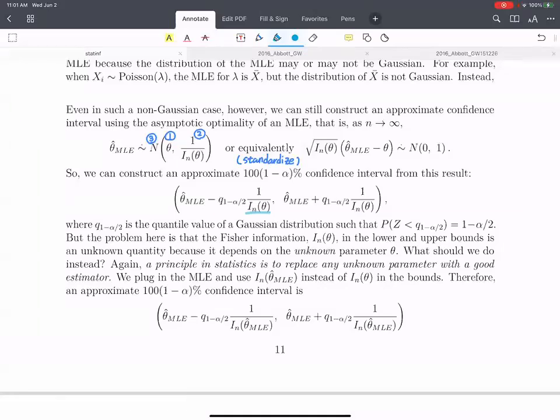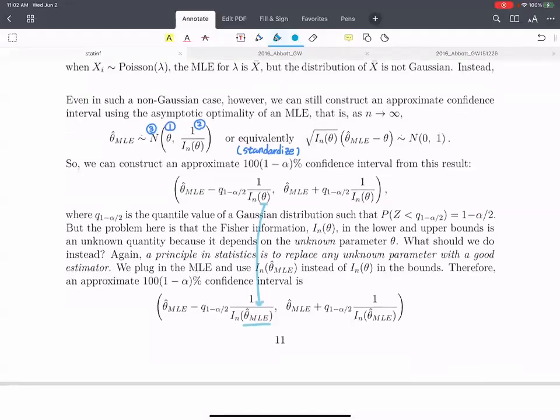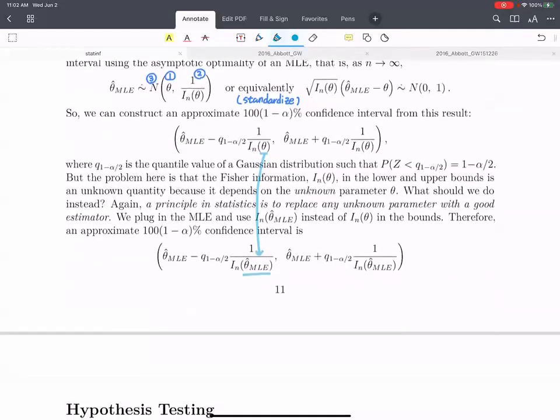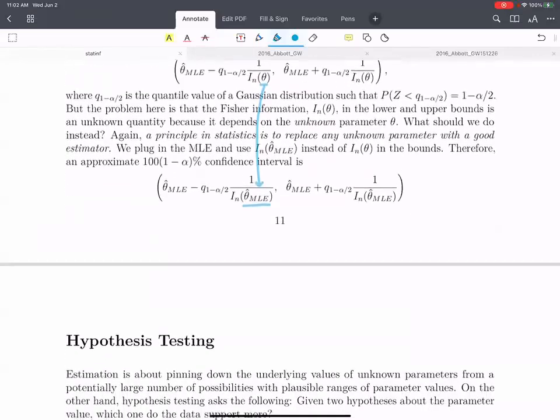So we just replace theta with its MLE. And finally, this is the general formula to get an approximate confidence interval using MLE for any distribution of the data. So MLE is pretty important in deriving confidence intervals as well.